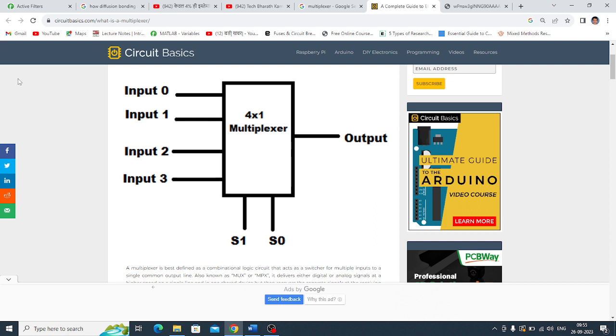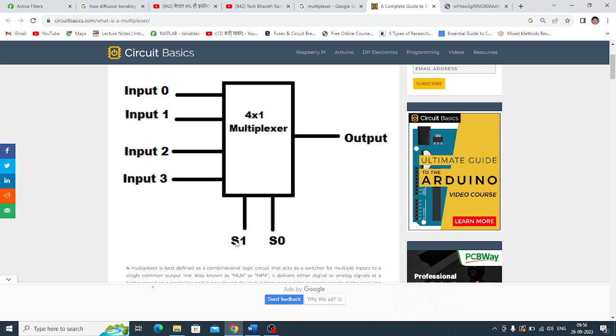You have here select or address inputs S0 and S1. S1 is MSB, S0 is LSB. Each input has an address designated by these select inputs.